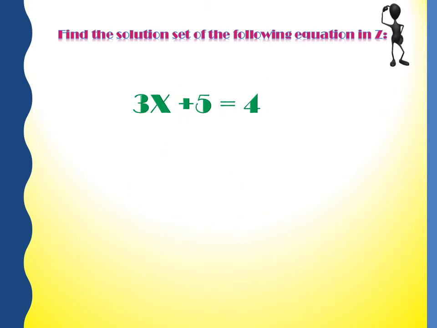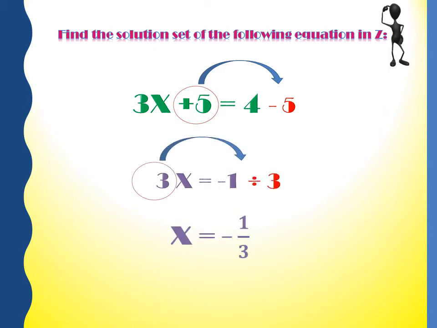Another example, I need to find the solution set in the set of integers Z. First, throw this plus 5 to the other side, negative 5, then 3x equals negative 1, then x equals negative a third.